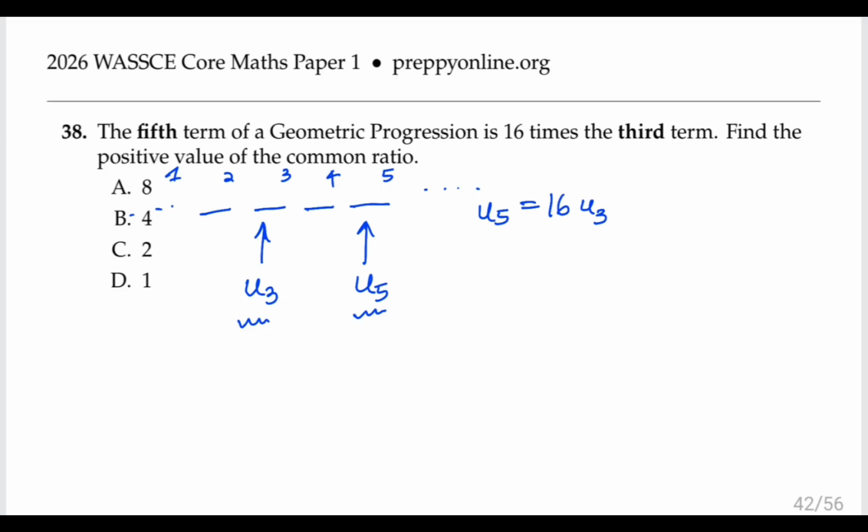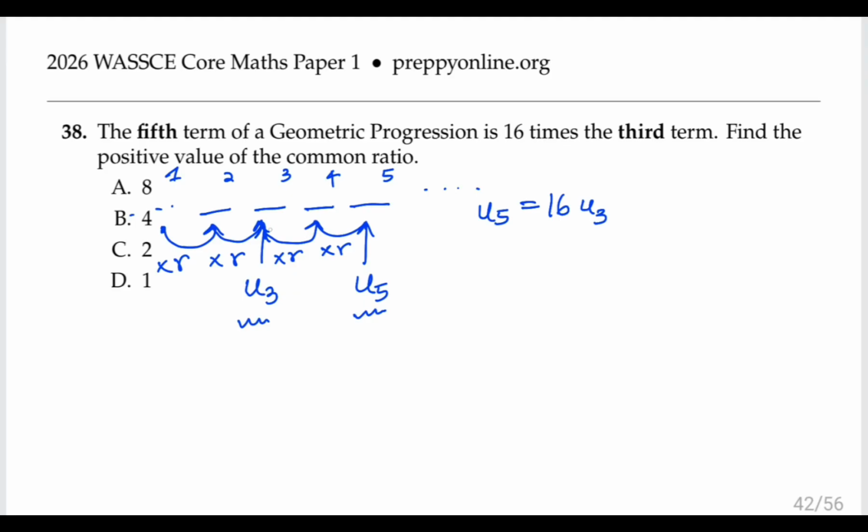We know that in a geometric progression, the way you move from one term to another is by multiplying by a number called the common ratio. So you multiply by r to get that. You multiply by r again. If you want to now move here, you multiply by r again. So times r times r times r. If you want to move to this place, you multiply by r again. So you keep multiplying by r.